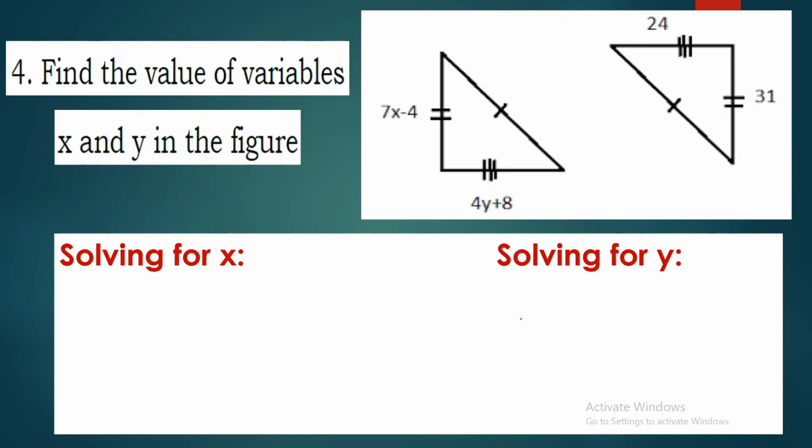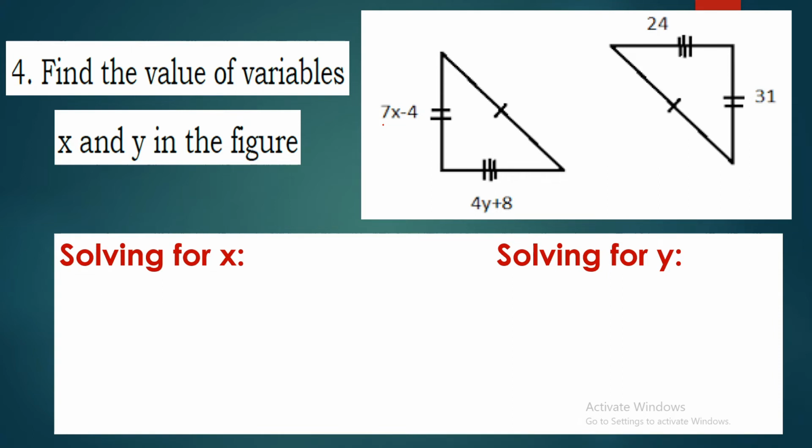Next, we have this example. Find the value of variables x and y in the given figure. Take note, in this problem, the given is the figure with the marked congruent sides. Let's solve for x first.